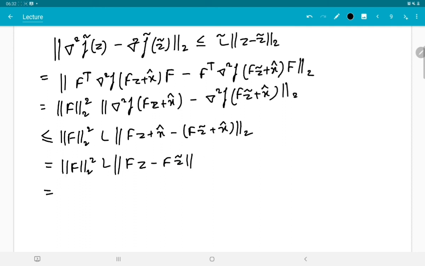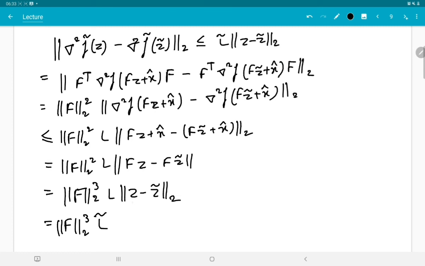Again by Cauchy-Schwarz, I have one more F outside. So this is L tilde. So that's it.